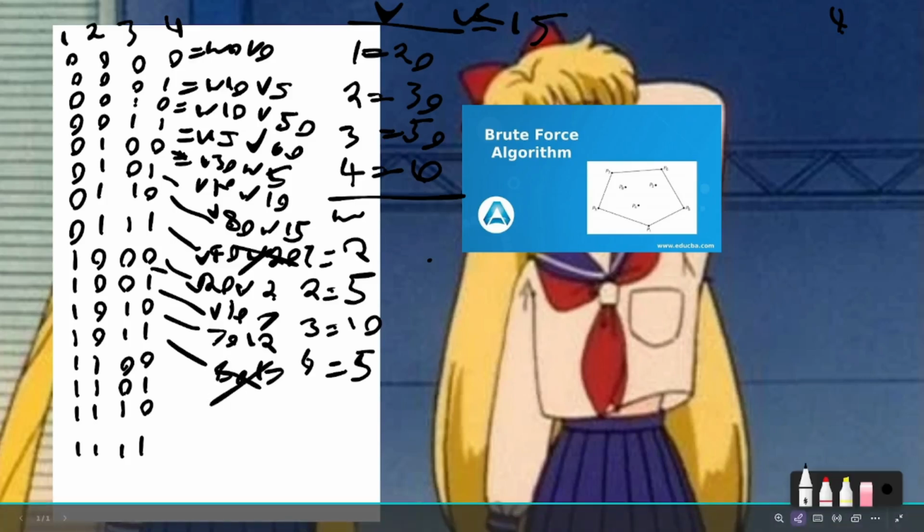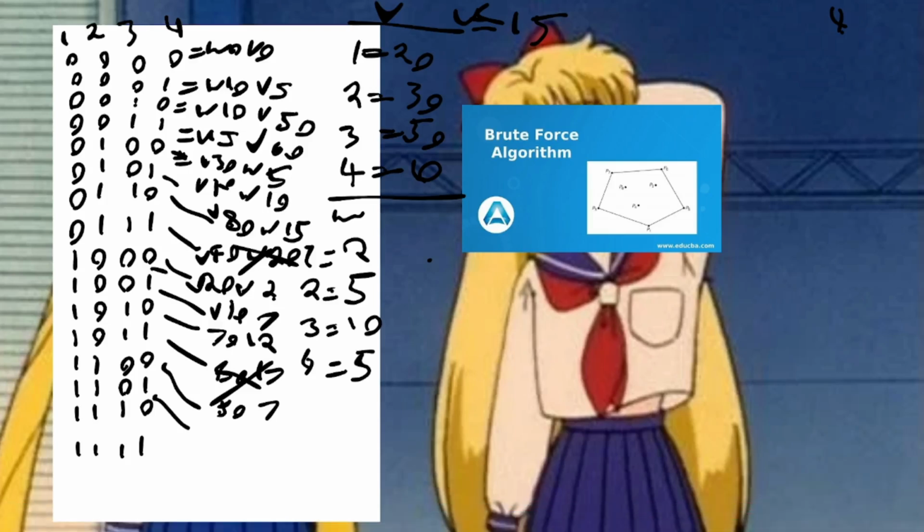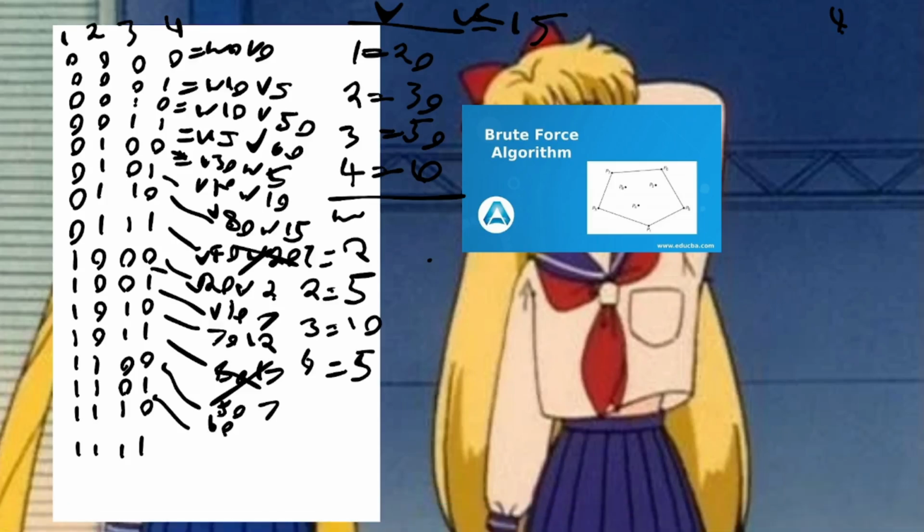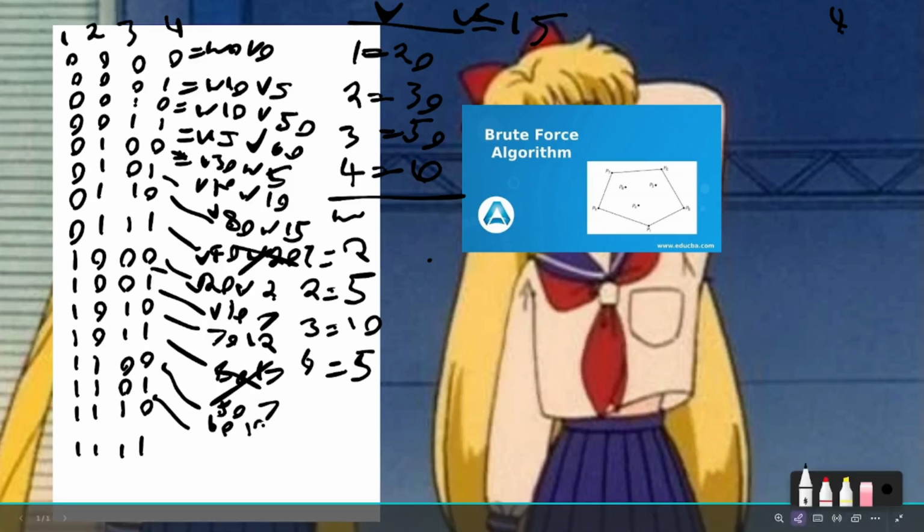So that one's bad. And for the first 2, it'll be 50 with a weight of 7. And for the first 2 plus the last, that's 60 with a weight of 12.